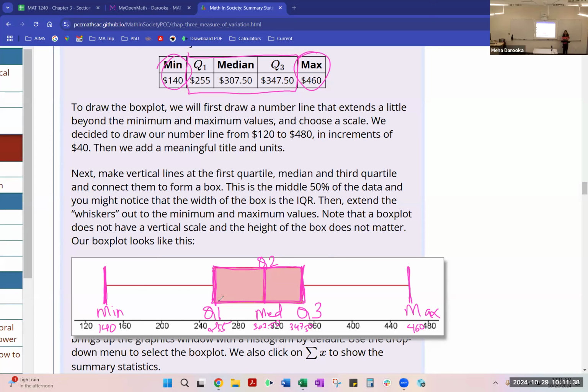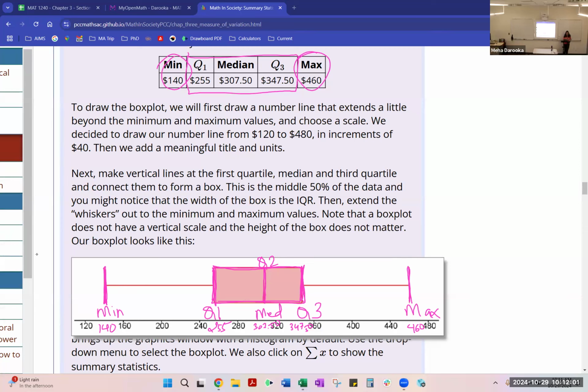So that's kind of how you use it, because you can't really talk about the shape of a distribution here like we did with the histogram. But I think you can still get a fairly decent idea of whether there's skewness or not, whether it's symmetric or not, and then kind of based on that, make your decision.